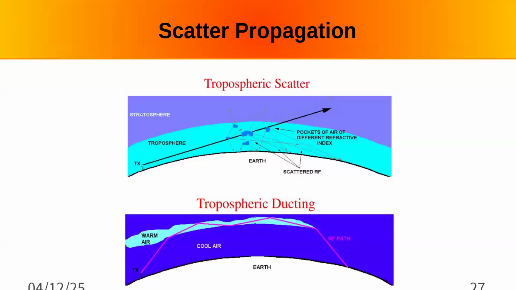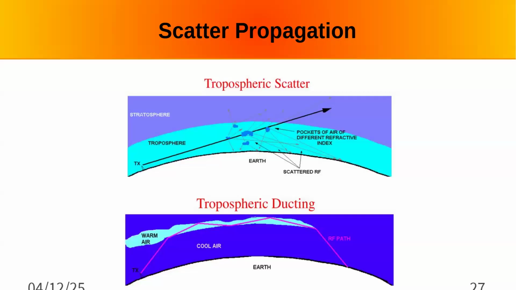This top one is showing the scatter effect where you've got these pockets, they call them, with different refractive indexes that's causing that scattering effect. They don't show any here. Well, I guess actually they do a couple. So you can have some of it coming back towards you as true backscatter, but it allows you to get to places within that skip zone.